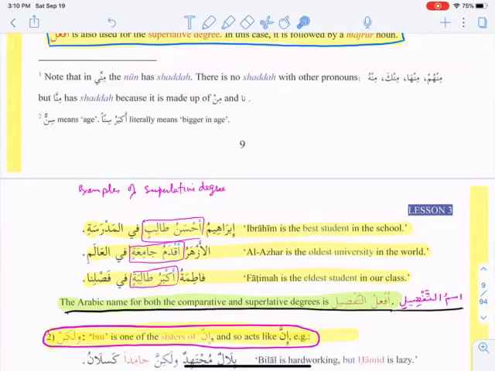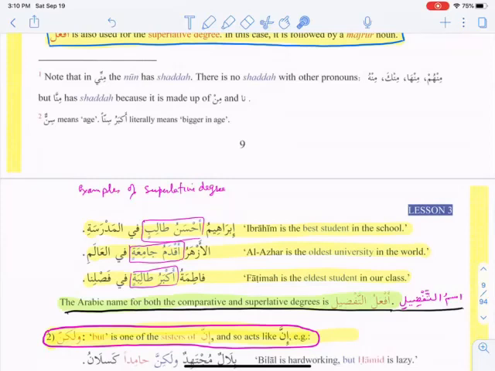Now, all these sentences are jumla ismiya. I will analyze a little bit. Ibrahimu mubtada. Ahsanu khabar. Talibin mudaf ilayhi. Did you get the idea? I cannot say ahsanu talibin khabar. No. That will be incorrect. Ibrahimu mubtada. Ahsanu khabar. Why only ahsanu khabar?